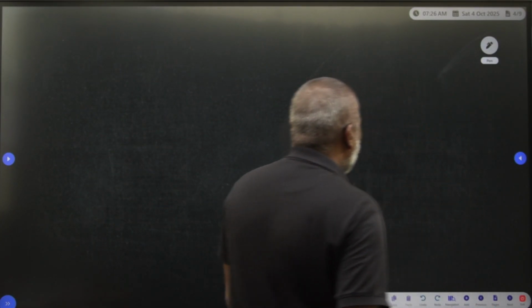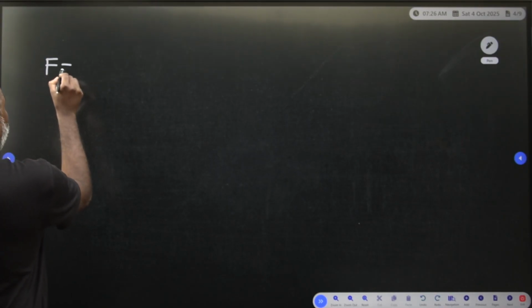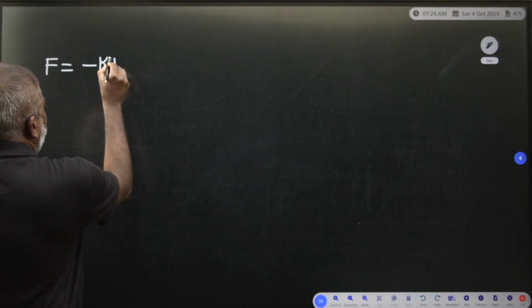For that, we take the Helmholtz free energy. What is the formula for the Helmholtz free energy?